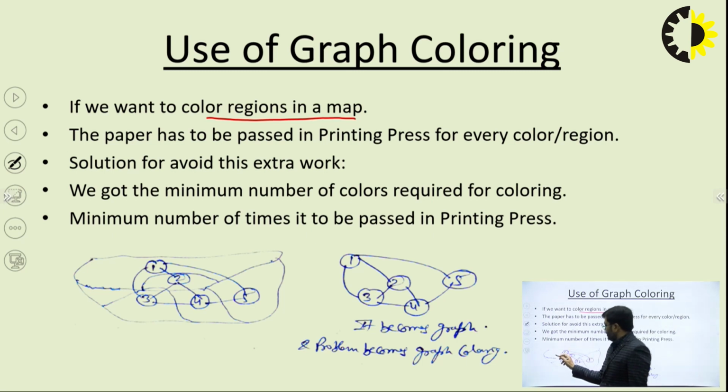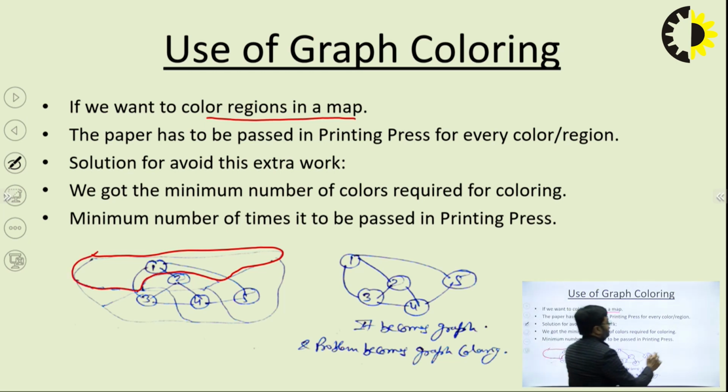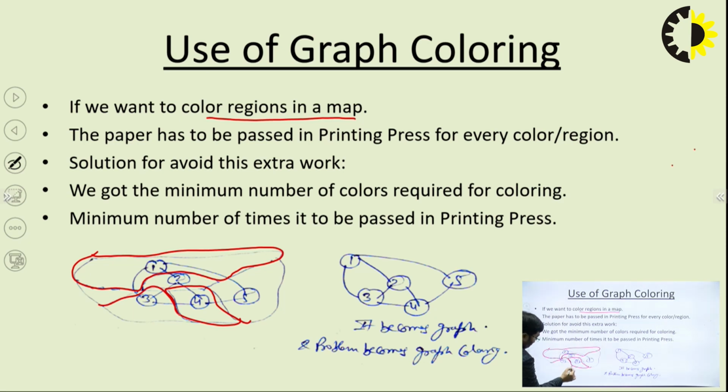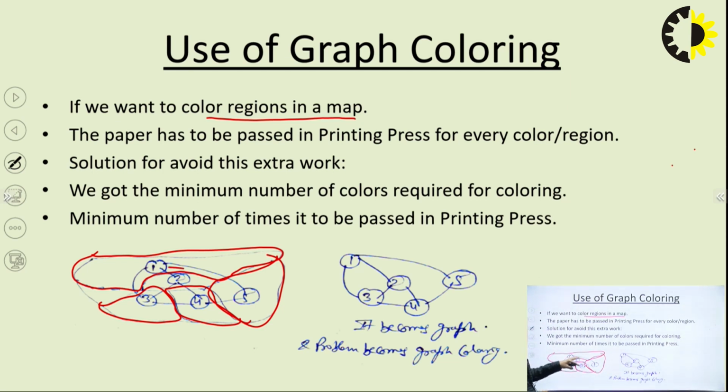This is region number 1, the second region, the third region, the fourth region, and this is the fifth region. So we have 5 regions where each boundary is given here.